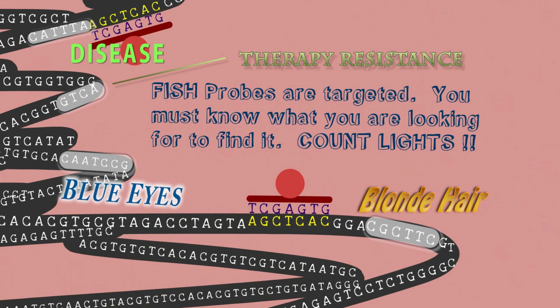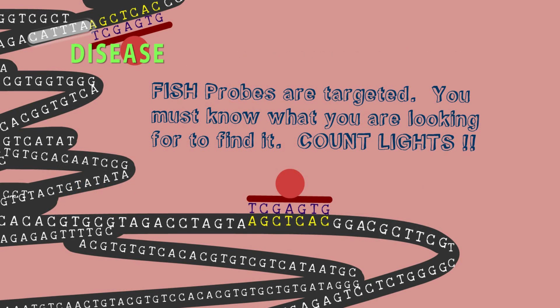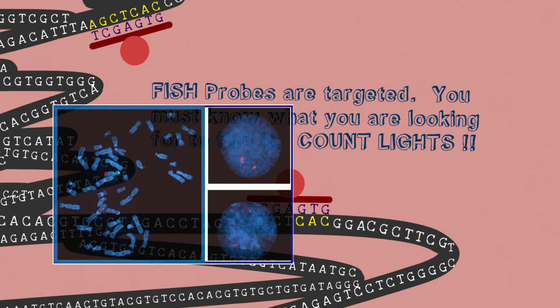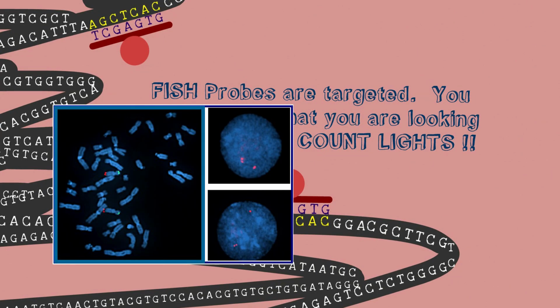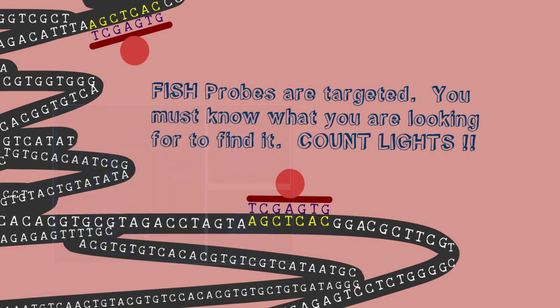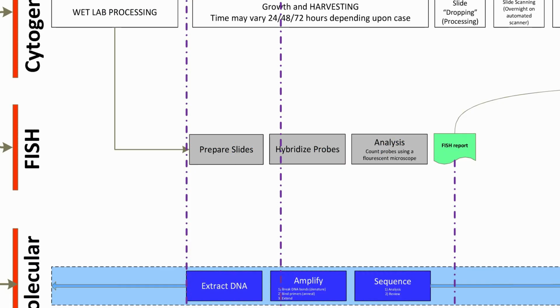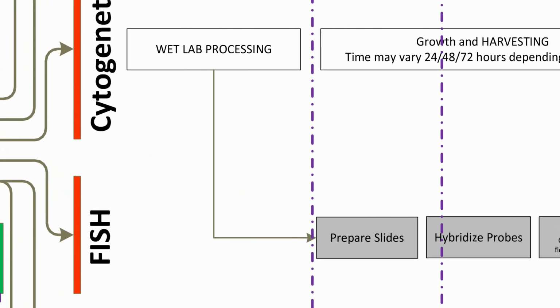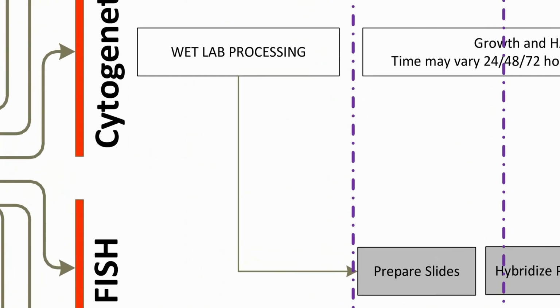When we know what that sequence is, and we want to identify it, then we can make the complement to that gene sequence, paint it with a fluorescent probe, and then send those probes looking for those sequences. We see the sequences and count the probe lights. This is essentially the way molecular and FISH work. FISH actually begins with the wet lab processing of cytogenetics, as we borrow cells straight from that process.